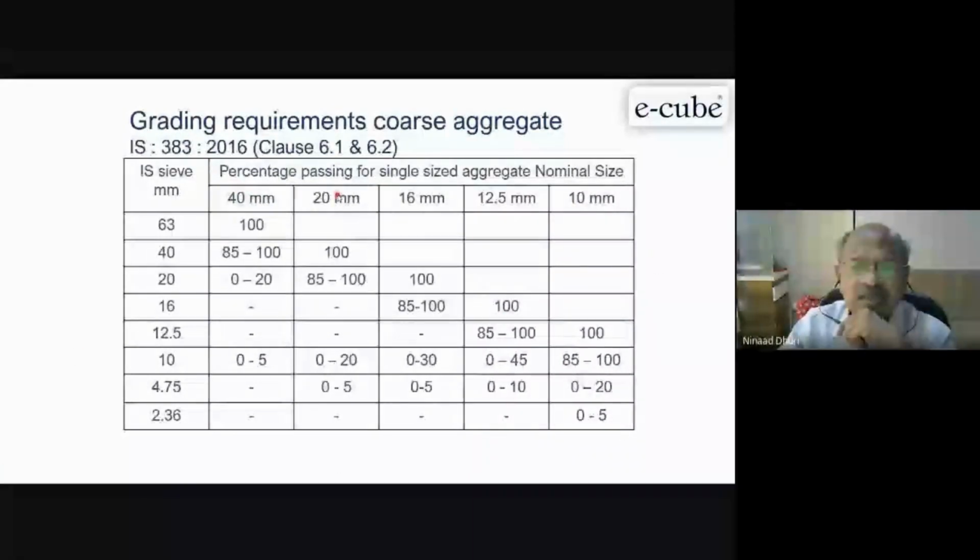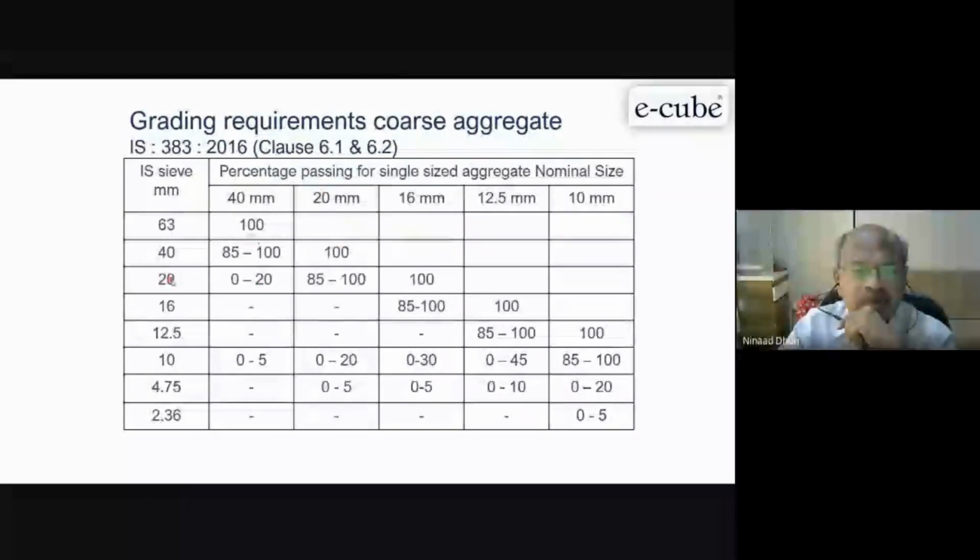In this, suppose you take 20 mm, so for 40 mm, 100% passing, all the particles are passing through 40 mm size. Then 20 mm, 100% or 85%. What it indicates is that 15% oversize is allowed of that particular size of material.